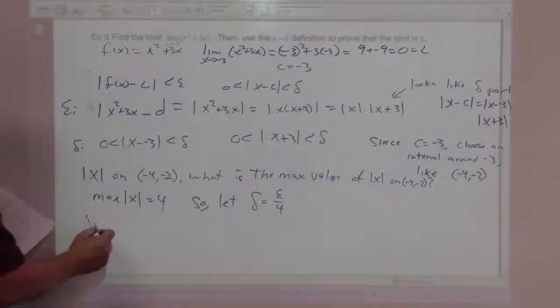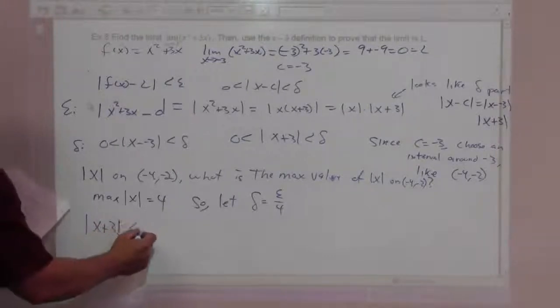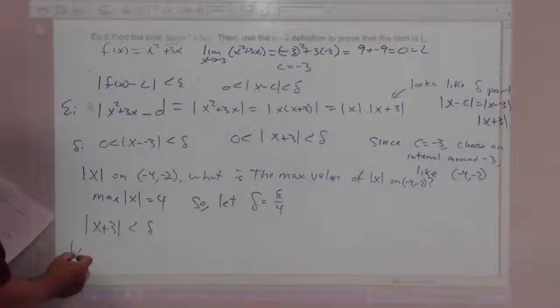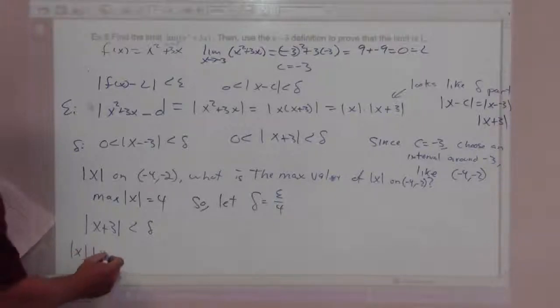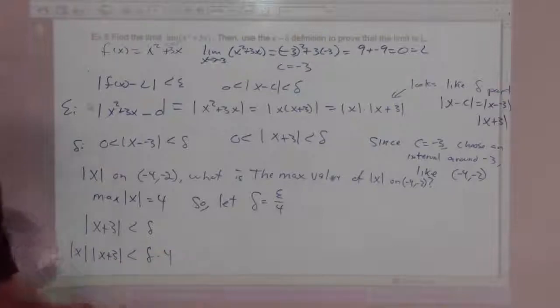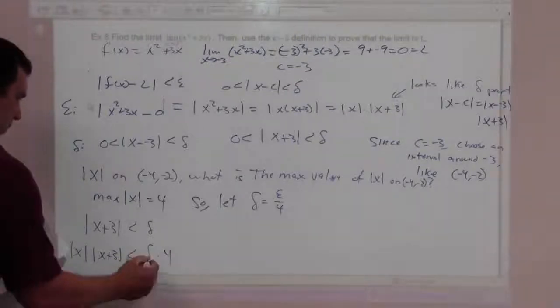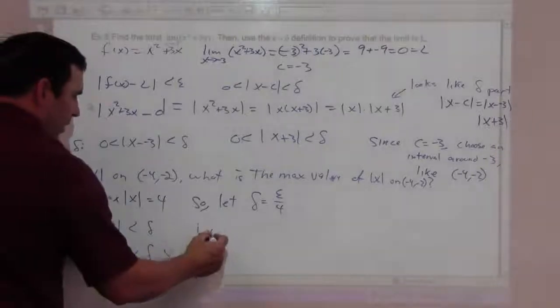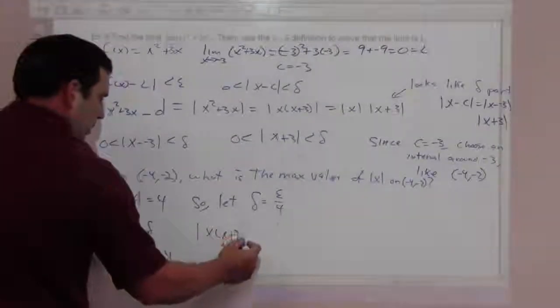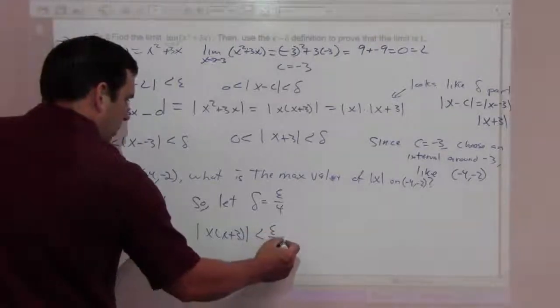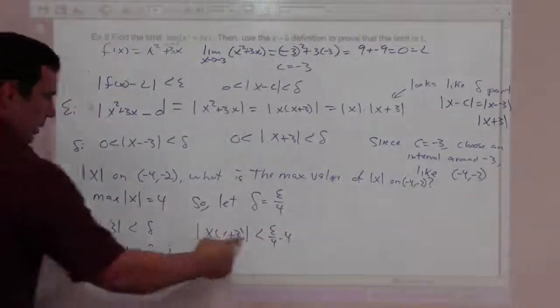So if the absolute value of x plus 3 is less than delta, then the absolute value of x times the absolute value of x plus 3 is less than delta times 4. Bringing this in, the absolute value of x times x plus 3 is less than epsilon over 4 times 4. So our delta is epsilon over 4.